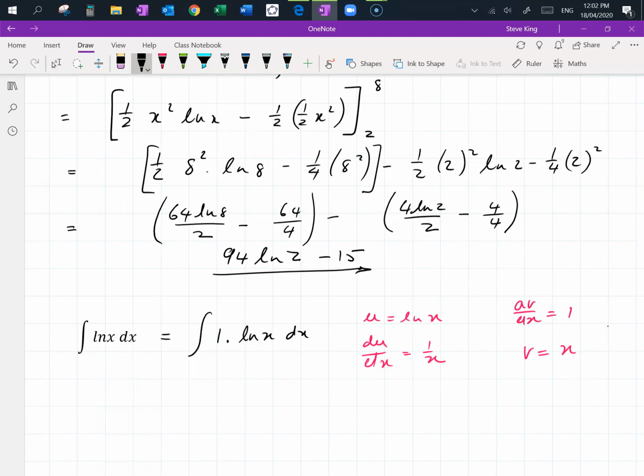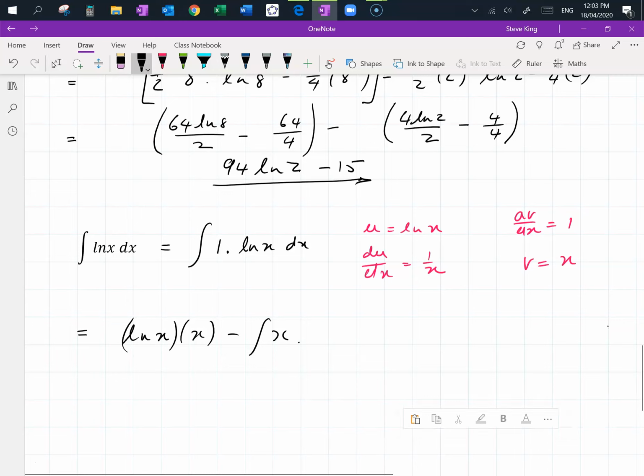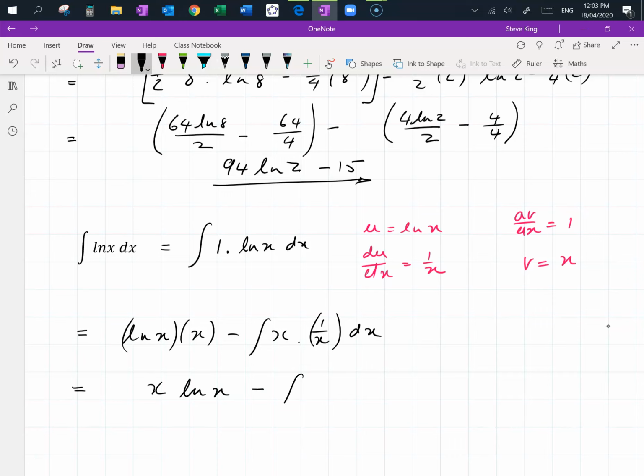That means I can launch straight into my integral and say this is going to be u, which is ln x, times v, which is x, minus the integral of v, which is x, times du dx, which is going to be 1 over x dx. So I'm going to have x ln x minus the integral of 1 dx.